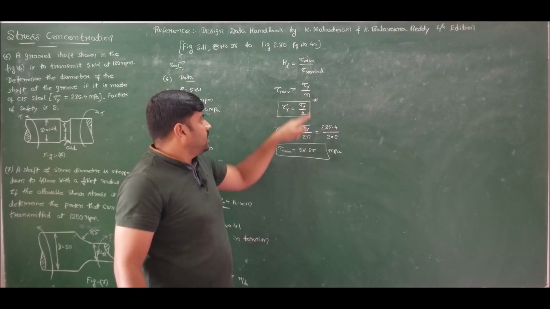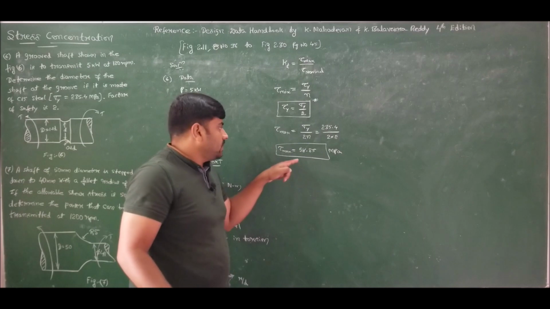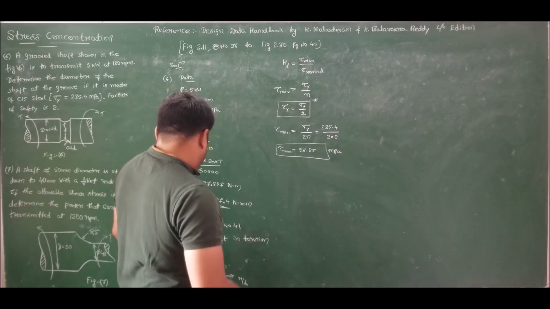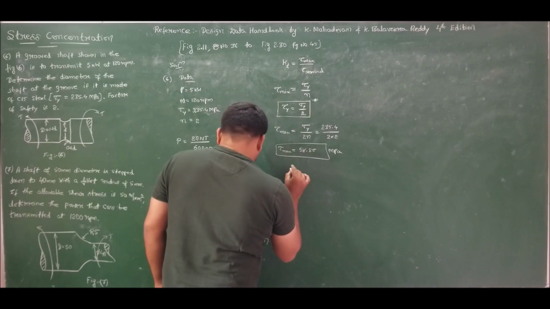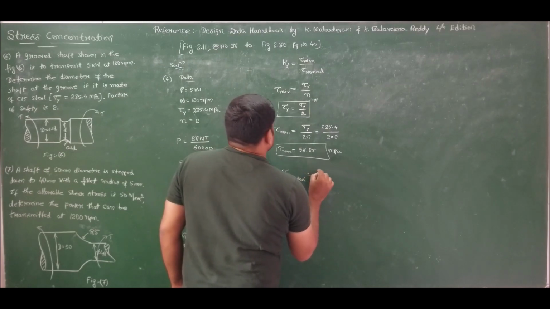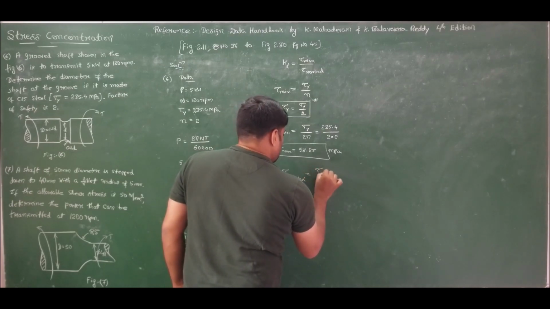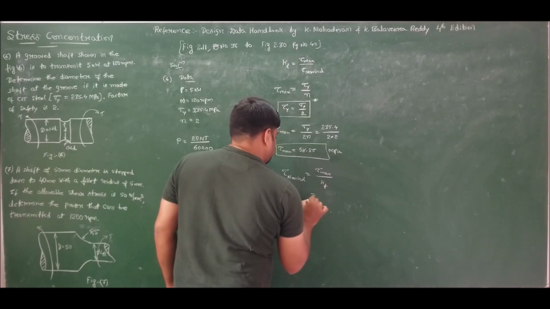Substituting it, I get tau max as normal yield strength by 2 times factor of safety. So I got tau max, and we know Kt. Now I can find the tau nominal. The nominal shear stress is given by tau max by stress concentration factor.